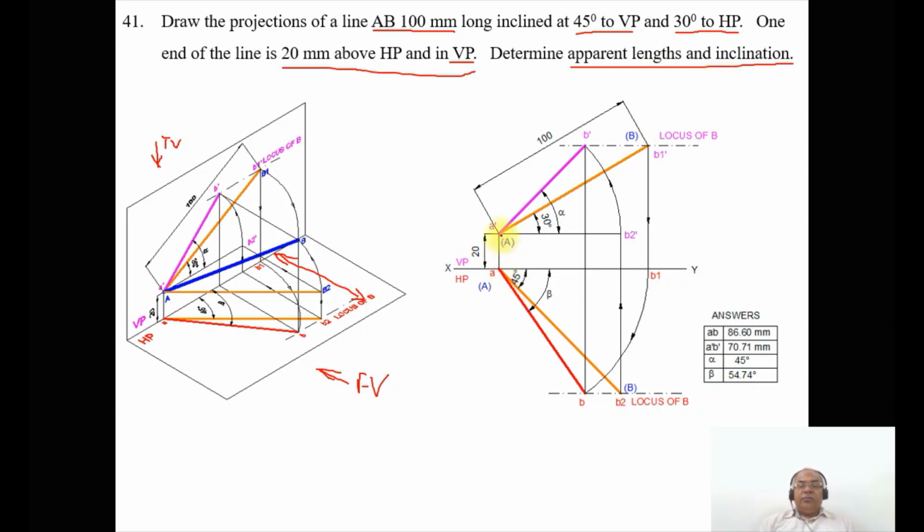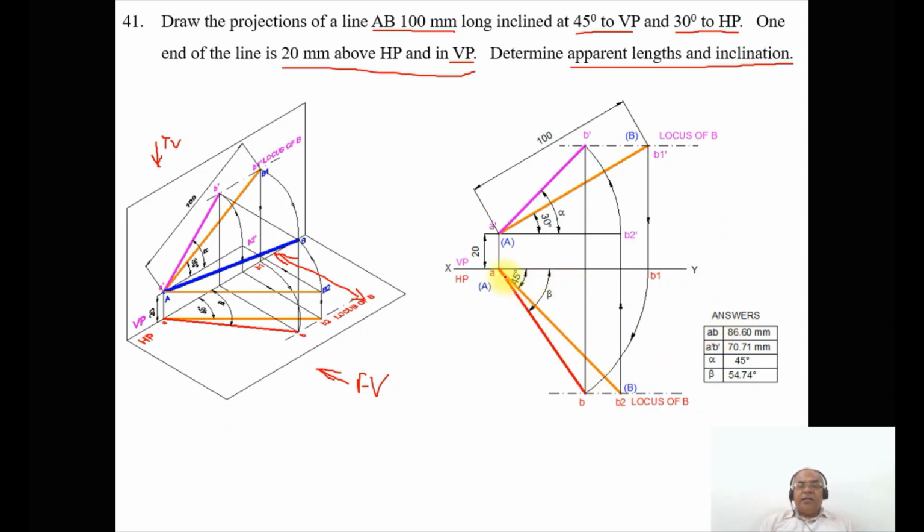So by using the scale you measure the distance A dash B dash, which will be 70.71 when you do it in computer. When you are doing it in manual it will be 71. Then by using the scale you measure the length of AB, which will be 86.6 when you are doing it in computer, and when doing it in manual it will be 87 mm.